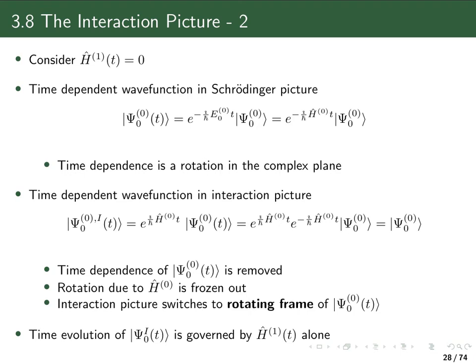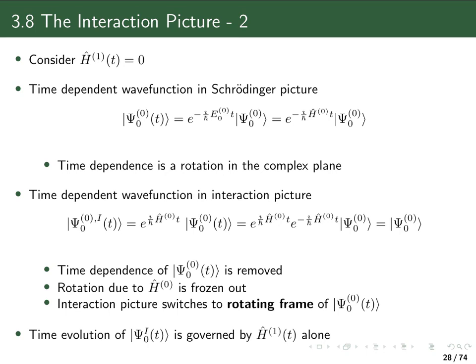So in the Schrödinger picture, we can see the horses going around in a circle in the complex plane. Now, going to the interaction picture means that we step onto the merry-go-round next to the horse. And then when we look at the horse in the interaction picture, meaning standing on the merry-go-round, the horse doesn't move anymore. It's just standing next to us. So the rotation coming from the unperturbed Hamiltonian is no longer there.